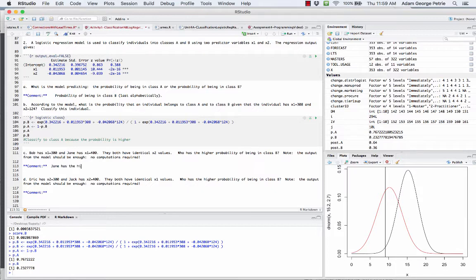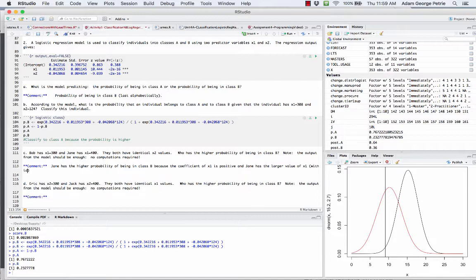So Jane has the higher probability of being in class B because the coefficient of x1 is positive, and Jane has the larger value of x1 with identical values of x2 with Bob here.